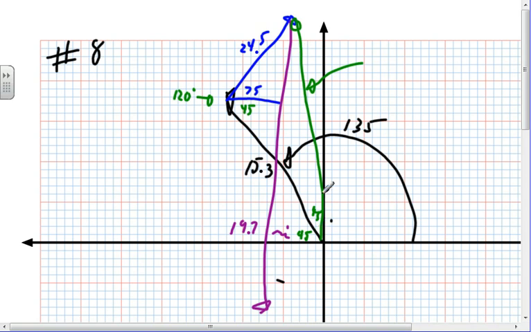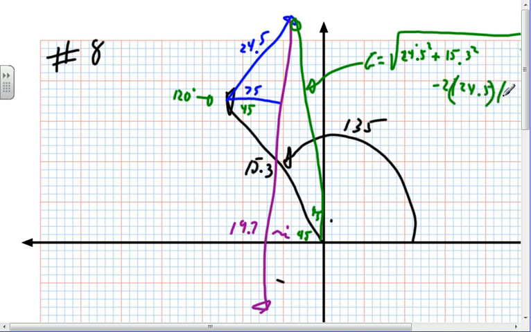Now I can use the law of cosines and say the green guy is equal to the square root of, and I'm going to run out of room, 24.5 squared plus 15.3 squared minus 2 times 24.5 times 15.3 cosine 120. Okay, and all that's under the square root.